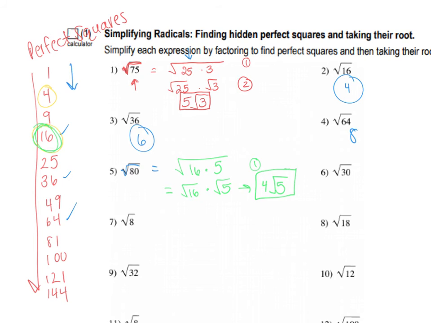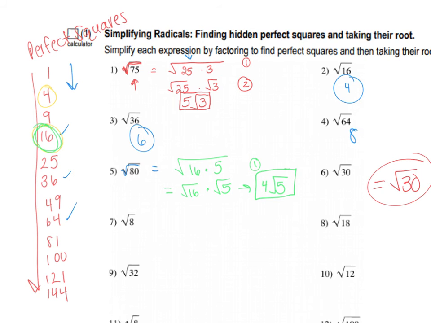Then I could say 3 and 10. Neither of those are perfect squares. And then I could say 5 and 6, but neither of those are perfect squares either. So because I don't have anything that's a perfect square, the answer just stays the square root of 30 because it can't be simplified any more than that. All right, so for that case, that would stay 30.